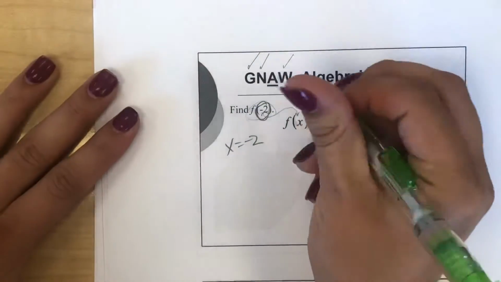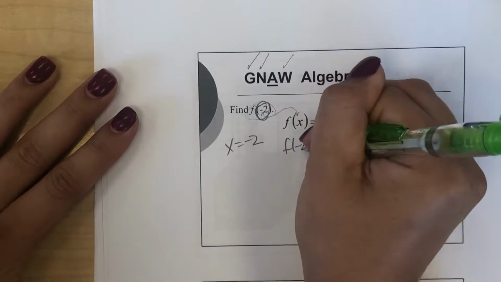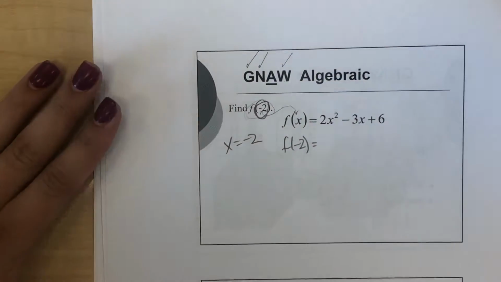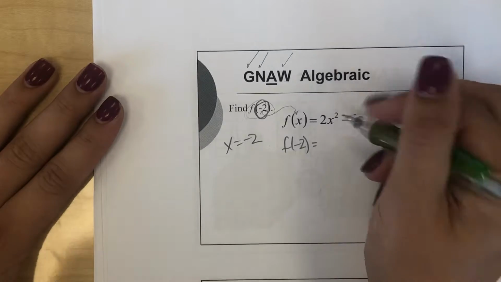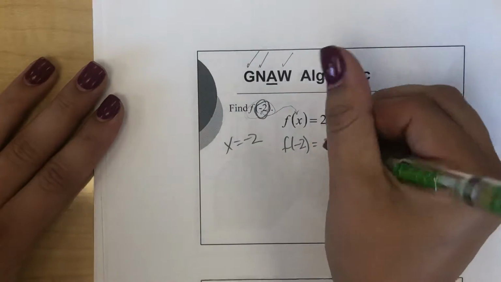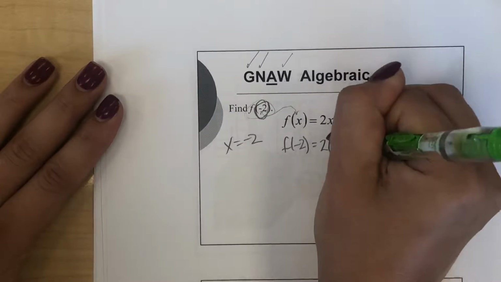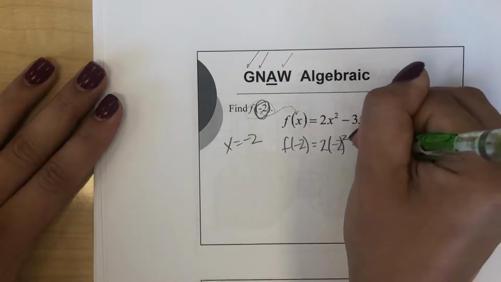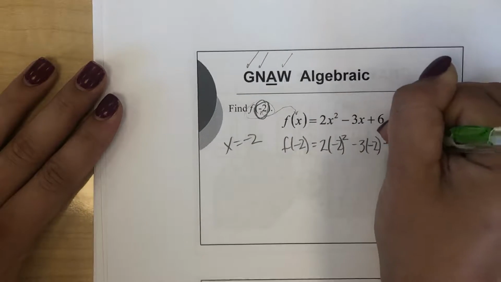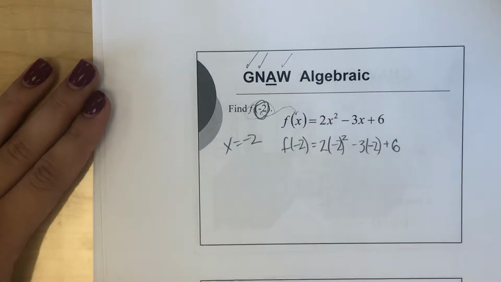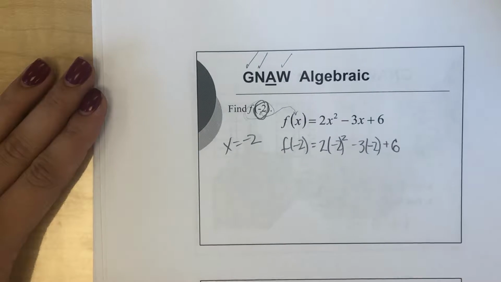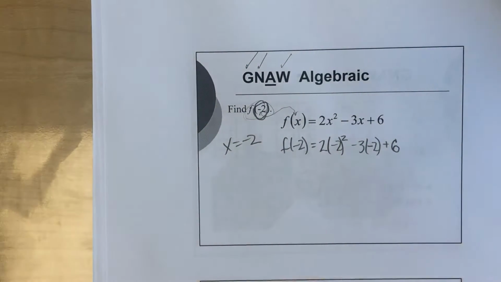Every time we substitute, we just do it in parentheses. Don't forget that. So f of -2 equals 2 times (-2) squared minus 3 times (-2) plus 6, all right? So I will let you chomp on that and come up with the final numerical answer.